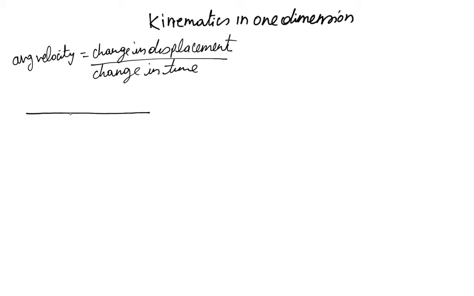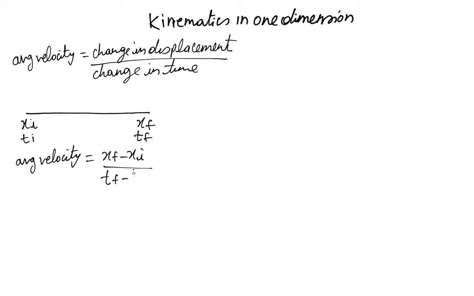So if we are just moving along the x-axis, and we start traveling at position xi and end our journey at xf, and the initial time was ti and the final time was tf, then the average velocity is xf minus xi divided by tf minus ti. This is average velocity.